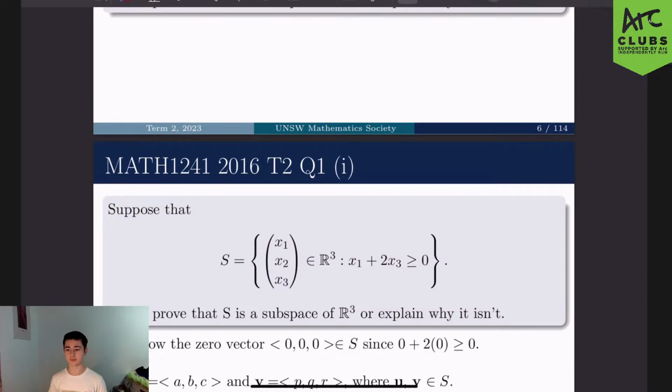Next, we have to prove closure under vector addition. What we're going to do here is take two arbitrary elements of the subspace, with their conditions already true because they're in the subspace, and see if the addition of them is true because of this very same condition.